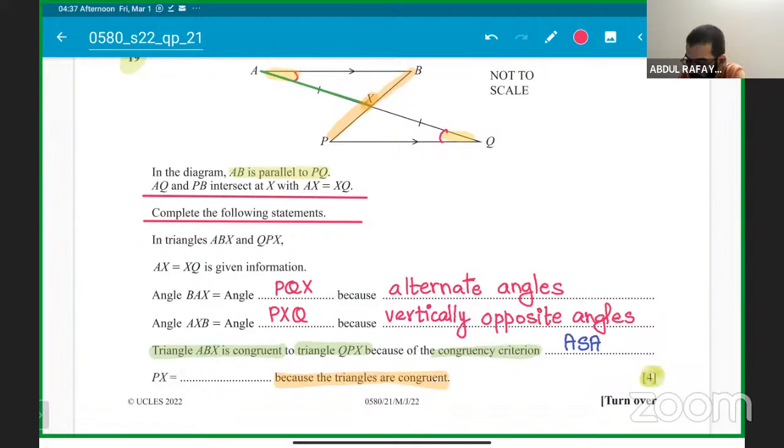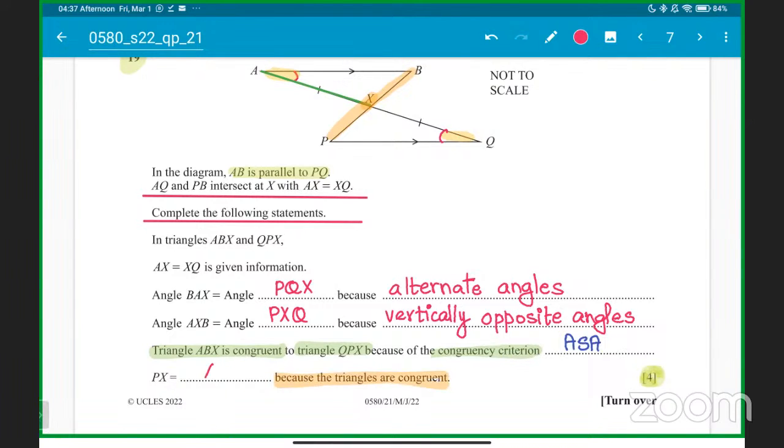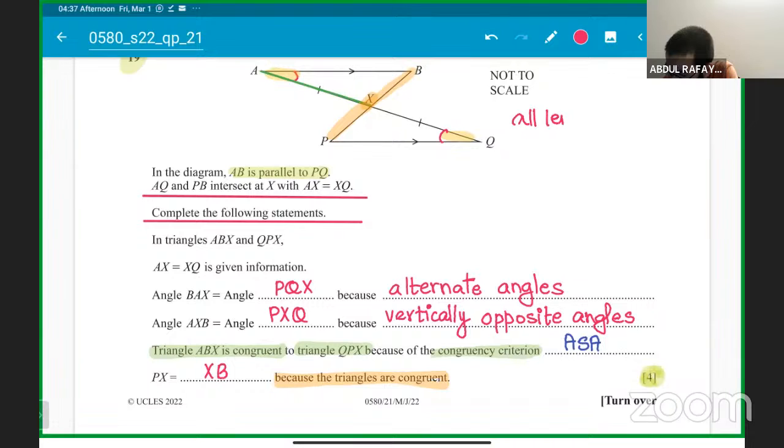All lengths are the same, all angles are the same. You must know that. Write it down: all lengths and all angles will be the same in congruency.